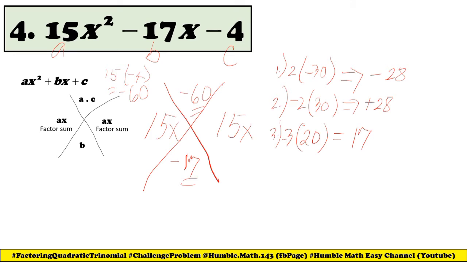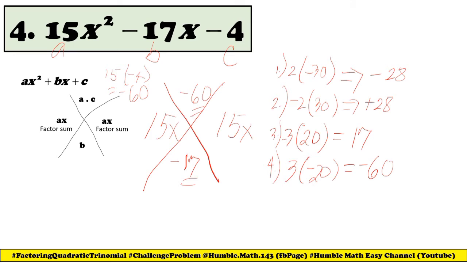Since our b is negative 17, this one cannot be suited for what we are looking for. So let's interchange the signs. Let's say 3 times negative 20, and we have negative 60.